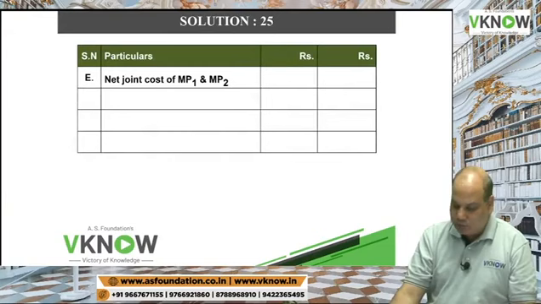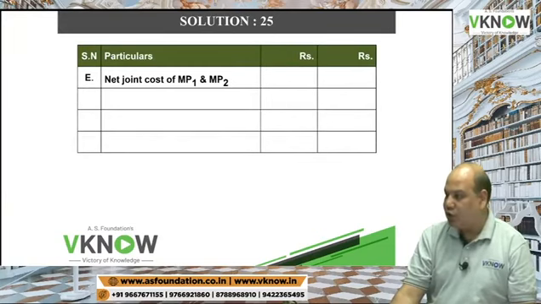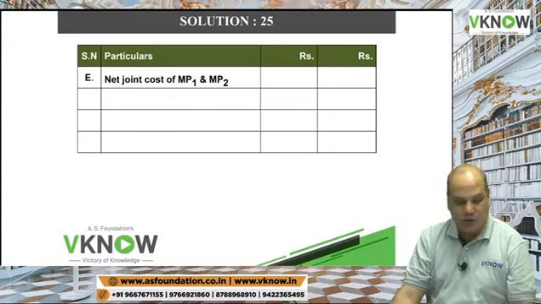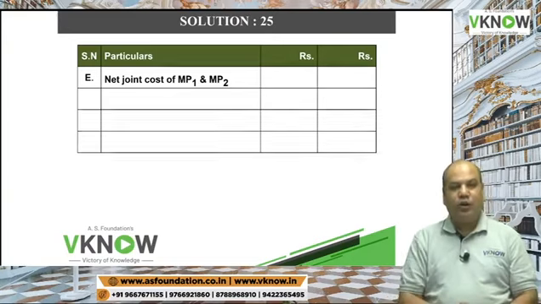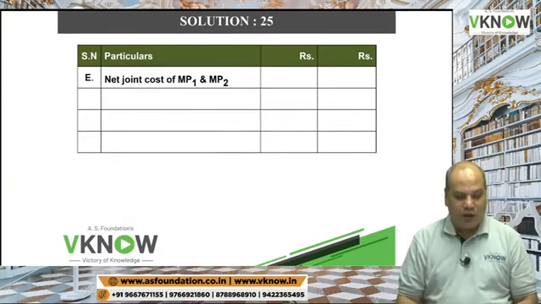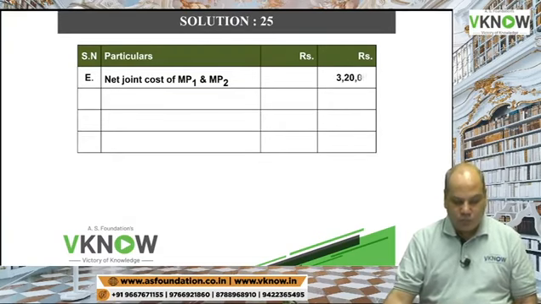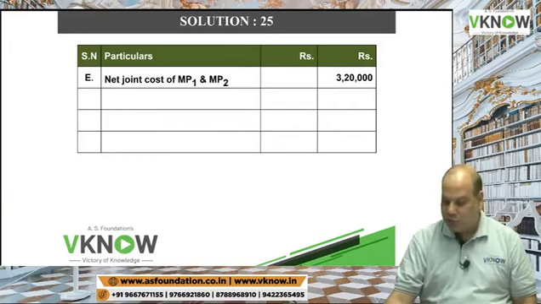After that you write down, therefore, net joint cost of MP1 and MP2, 3,20,000.